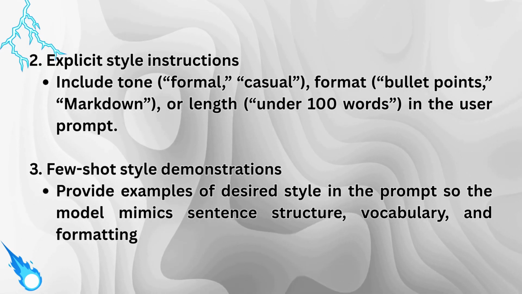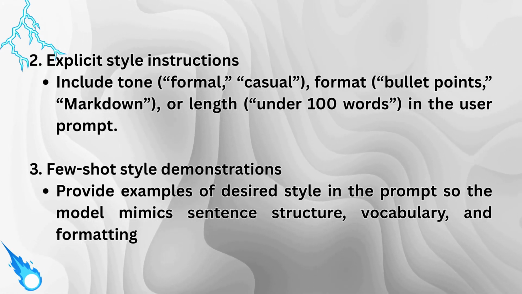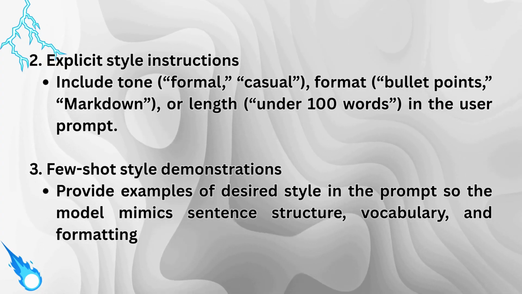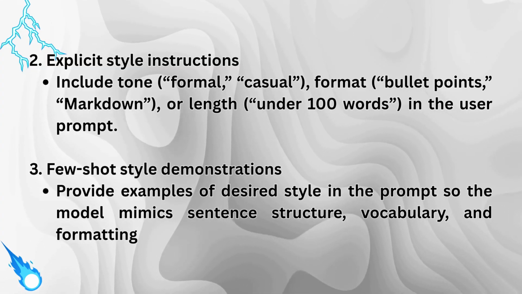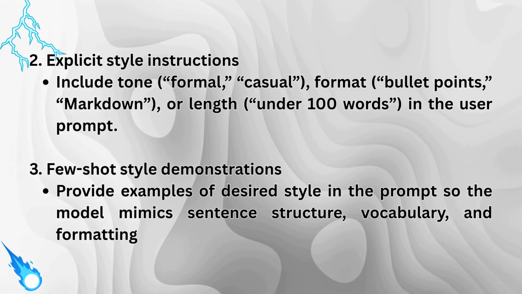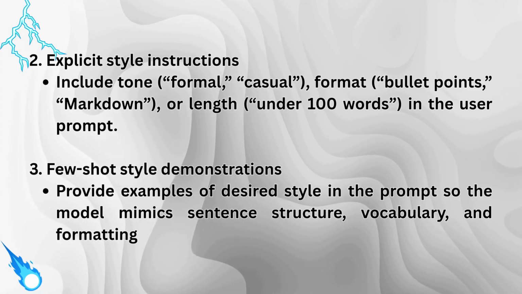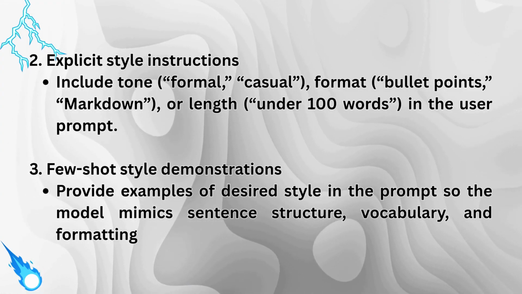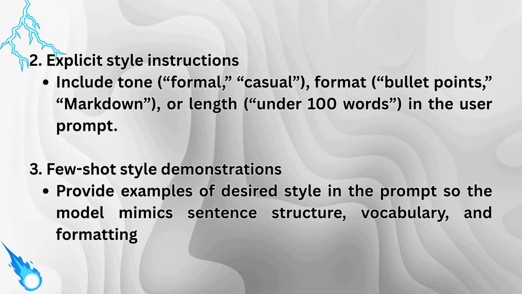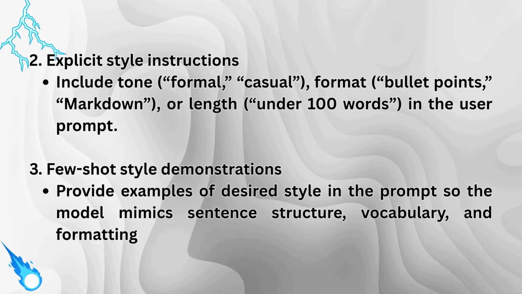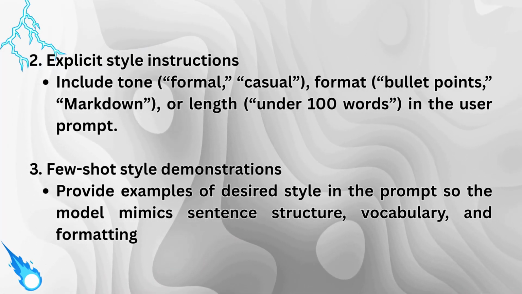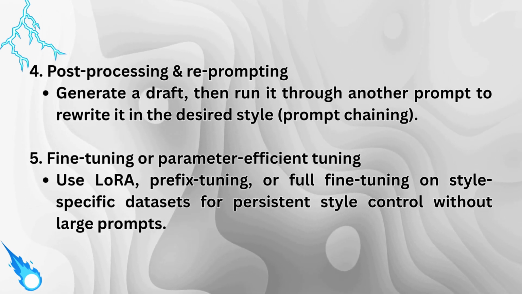2. Explicit style instructions. Include tone (formal, casual), format (bullet points, markdown), or length (under 100 words) in the user prompt. 3. Few-shot style demonstrations. Provide examples of the desired style in the prompt, so the model mimics sentence structure, vocabulary, and formatting. 4.